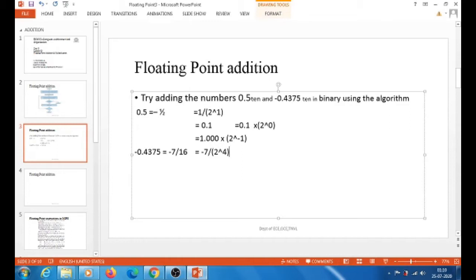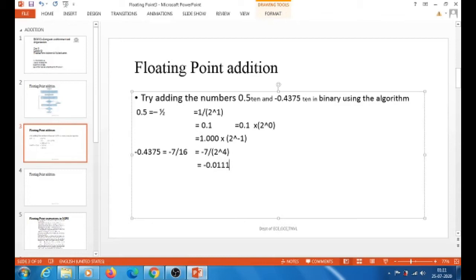So the number of digits that lie to the right side of the decimal point should be 4, because the exponent is 4. Hence minus 7 divided by 2 power 4 can be written as, the binary value for 7 is 111, so we are taking only the 4-bit fraction here. So we need to make this as minus 0.0111 to the base 2.